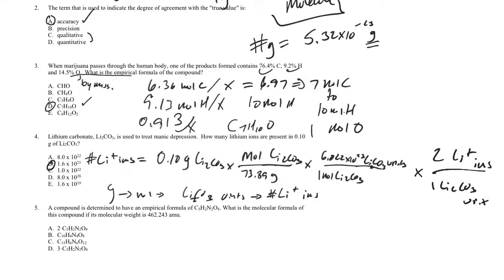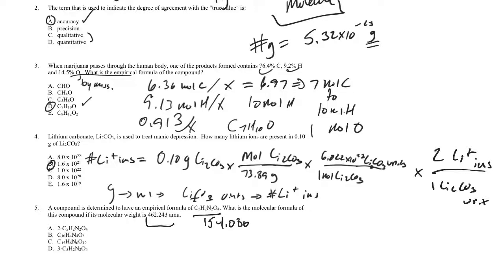So a compound has an empirical formula that's noted here. What is the molecular formula, if the molecular weight is what it's shown as? So we just need to calculate the empirical mass. That's 12.01 times 5 plus 1.008 times 2 plus 14.01 times 2 plus 16 times 4. That's 154.086, if you will.